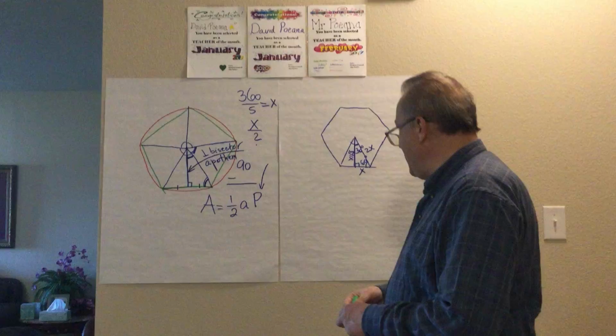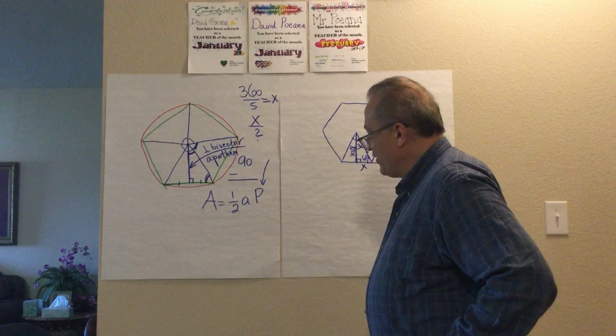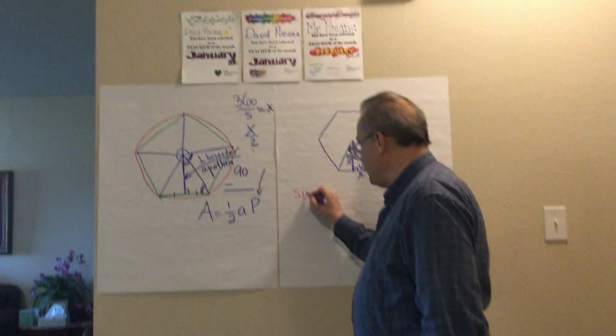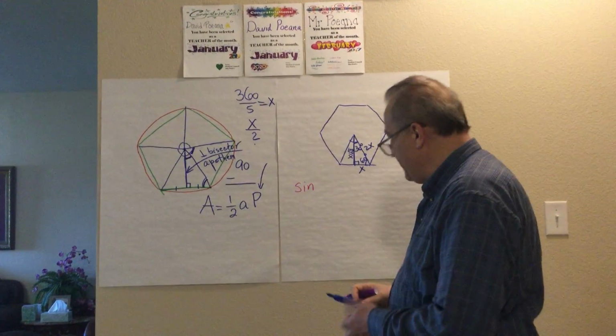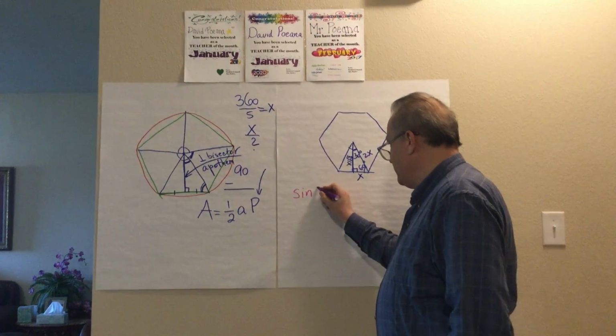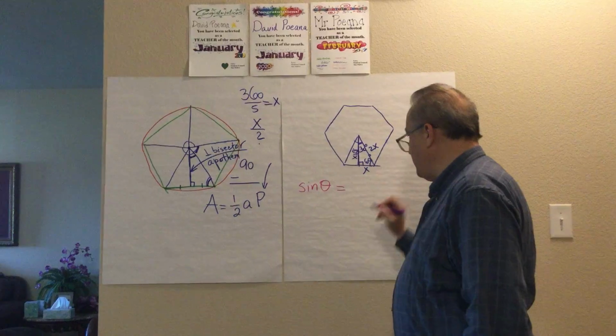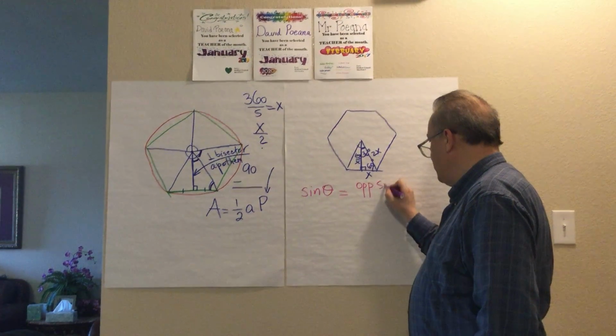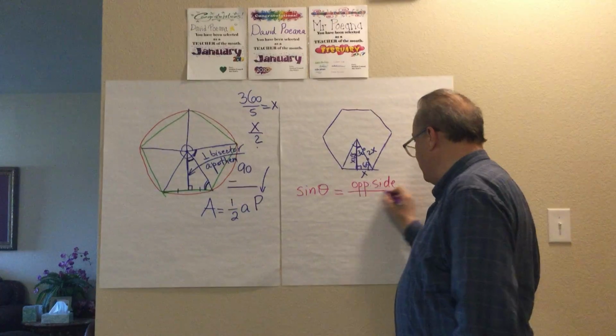Well, from last semester, you're going to remember sine, what's that? Trig function. Sine of an angle is equal to the opposite side over the hypotenuse.